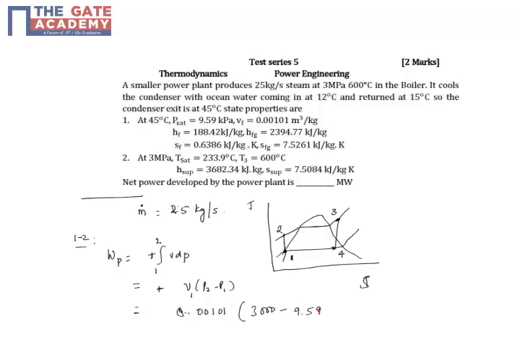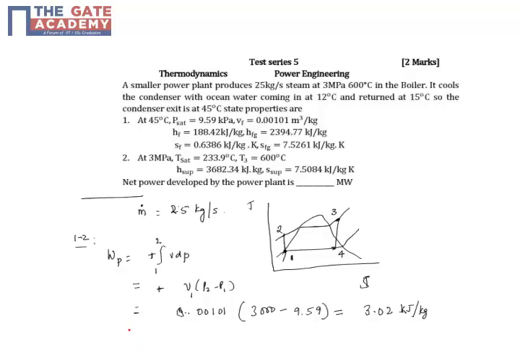So the integral V dP comes to about 3.02 kilojoules per kg. We first do everything per kg and then multiply with the mass flow rate to get the power developed. So you got the pump work.